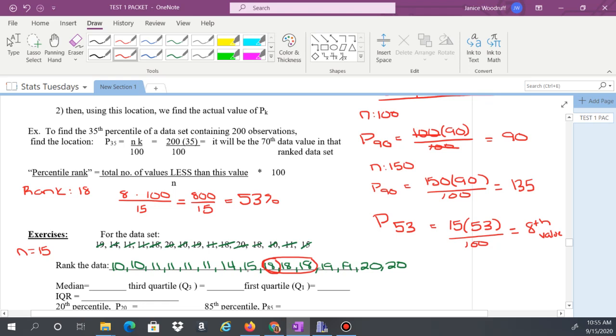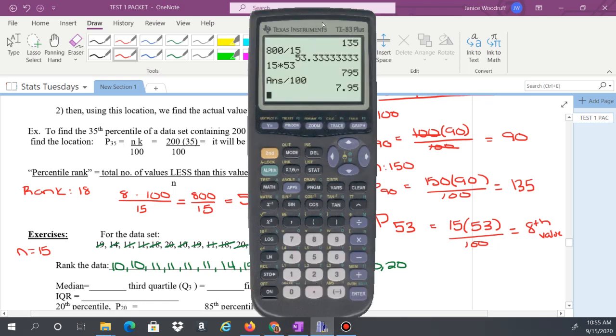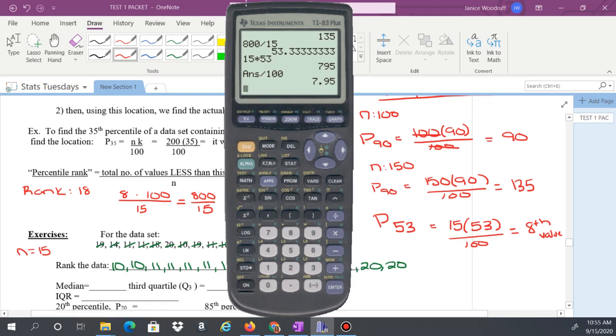That's the 7th number. 1, 2, 3, 4, 5, 6, 7, 8. Oh, you're right. Well, it might be because of the 53.3, which would still give us the 8th number.